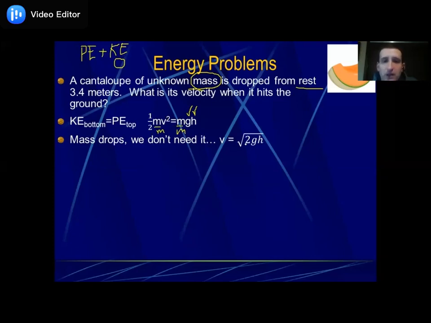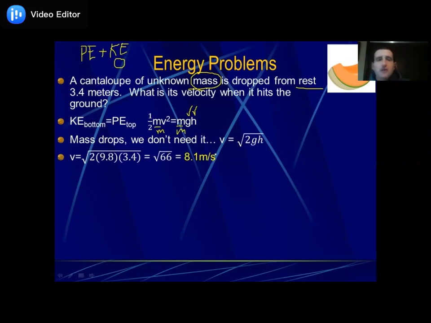So we're back to v equals the square root of 2gh. And we plug in our numbers: 2, 9.8 for g, 3.4. We get the square root of 66, which is 8.1 meters per second.